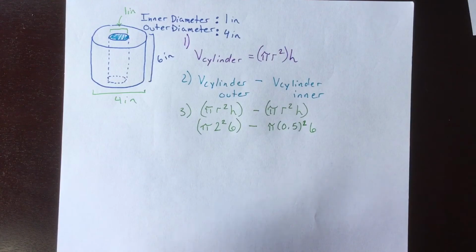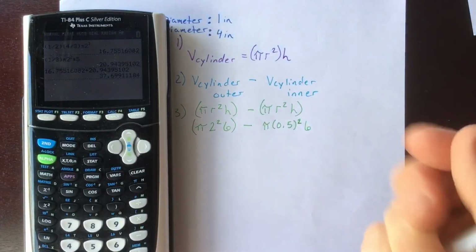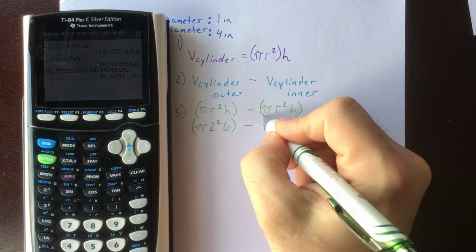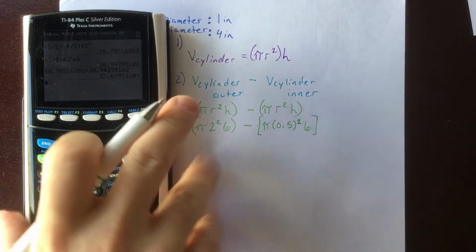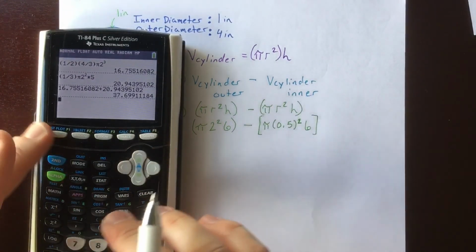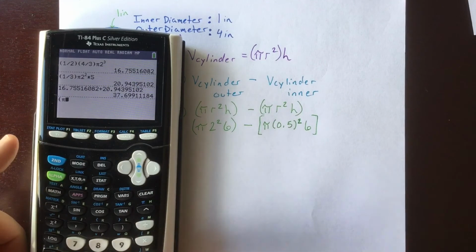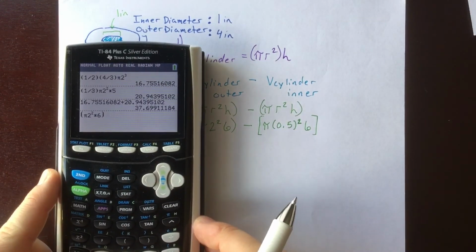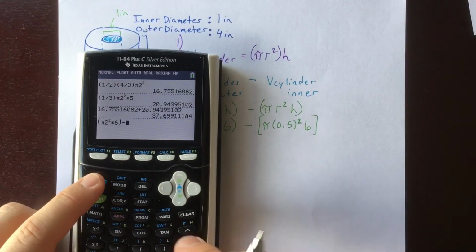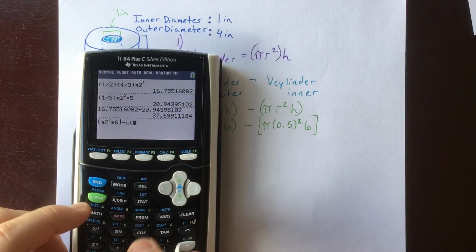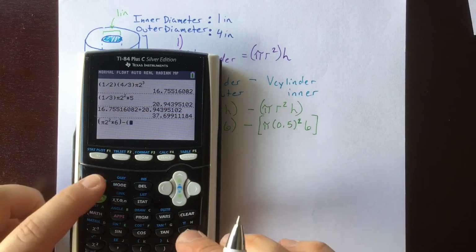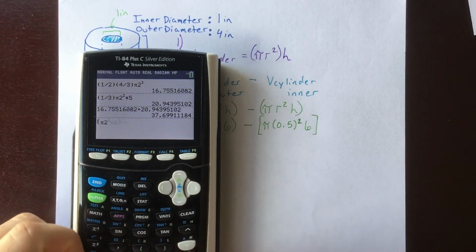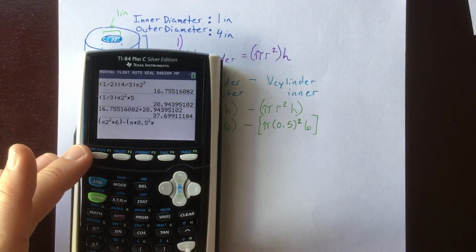Okay, so now we just can place this into our calculator all at once and get our result. So we have, let's see, pi times 2 squared times 6. All right, and then we have minus, let's do parentheses, pi times 0.5 squared times 6.